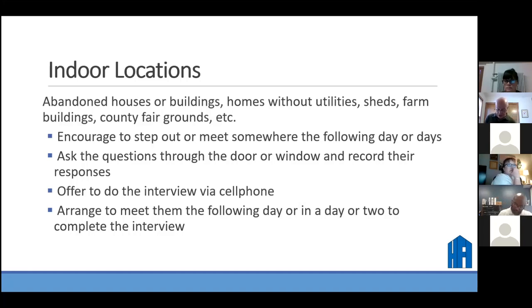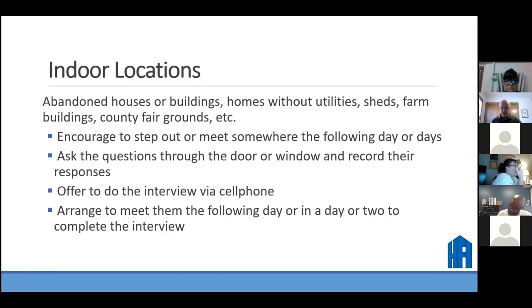If you encounter someone unexpected who's not already known and they are willing to be surveyed, you'd have some options. If you haven't encountered them before, and kind of stumbled upon them, again, encourage them to step out or to set a time to meet them, maybe the next morning for coffee or something like that, so you can do the survey. Or you can ask the questions through a door or a window, maybe, and record their responses if that's possible.